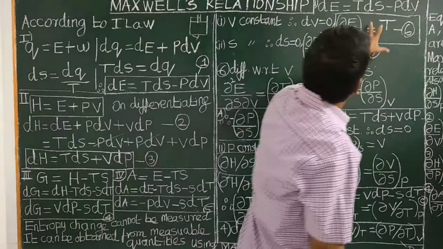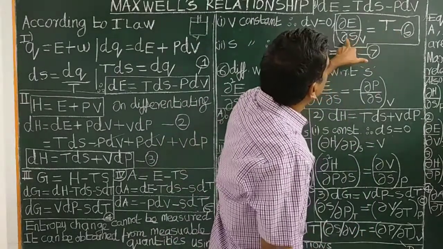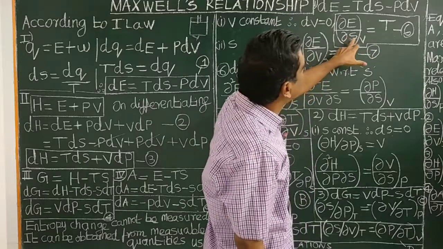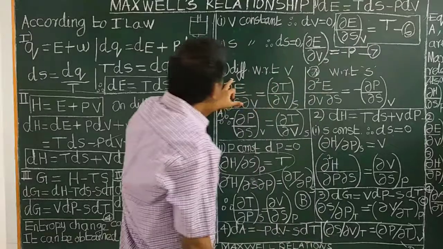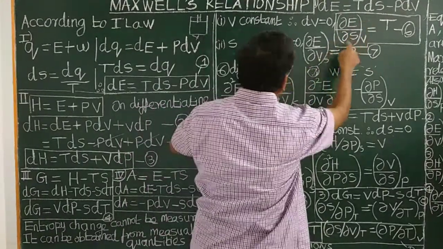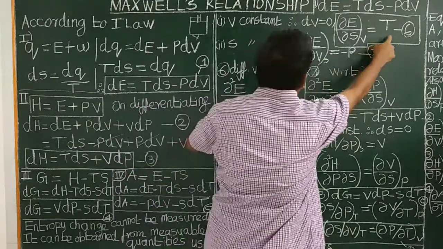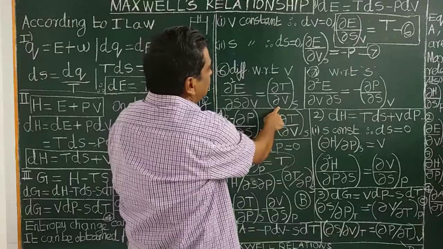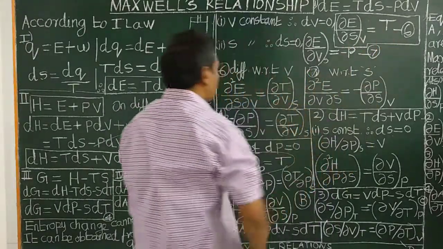Now differentiate this equation with respect to volume, because already it is differentiated with respect to entropy. Therefore, the second partial derivative of E with respect to V and S equals the partial derivative of T with respect to V at constant entropy.